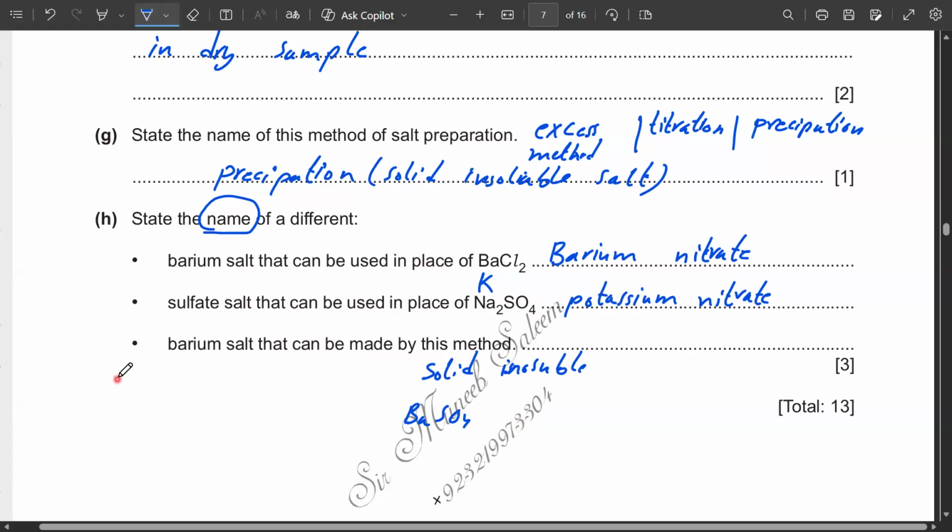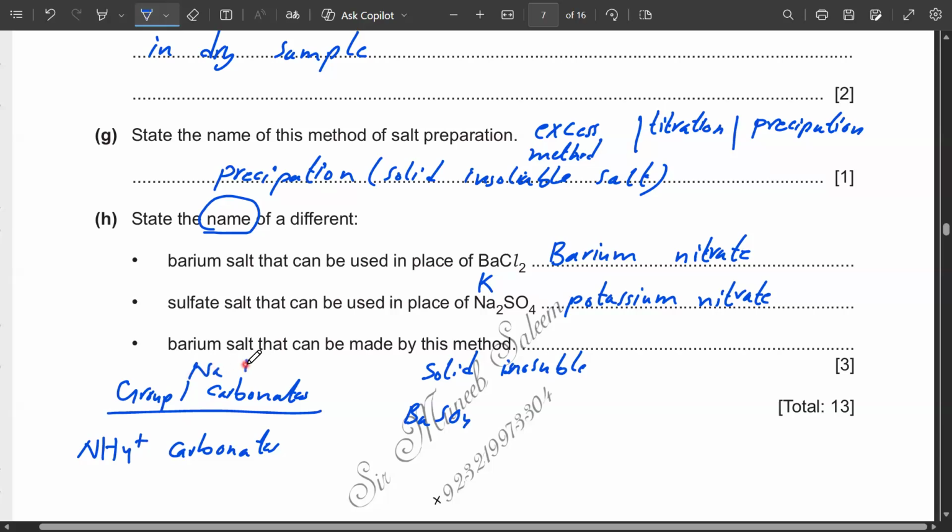We remember from the literature of the salts that among the carbonates, only the group 1 carbonates were soluble. Then in the ammonium case, NH4 plus carbonate was also soluble. All the salts of sodium and potassium are soluble. Group 1, more specifically sodium and potassium. Also, all salts of ammonium are soluble.